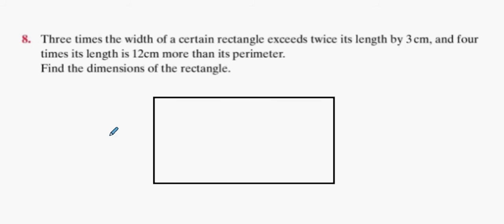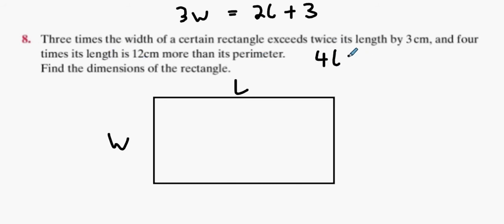W, L. 3 times the width exceeds twice the length by 3. 3 times the width equals 2L plus 3. Agreed? Alright. 4 times the length is 12 more than its perimeter.